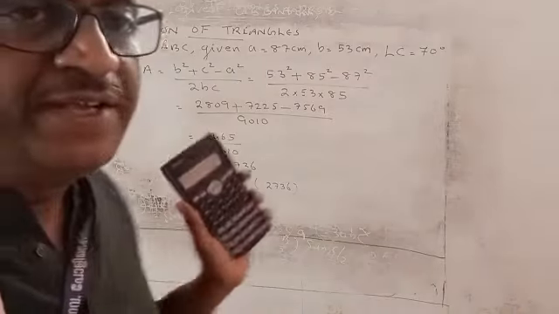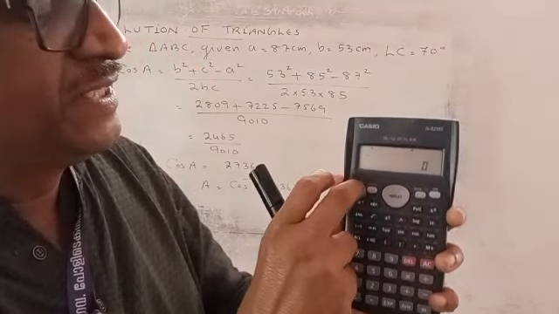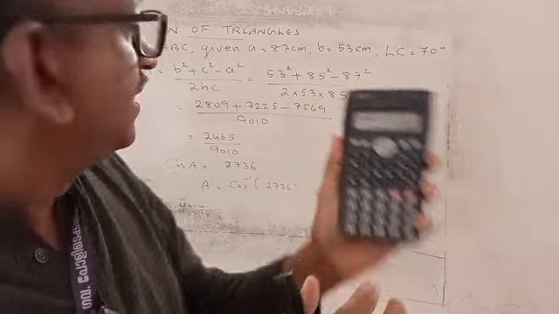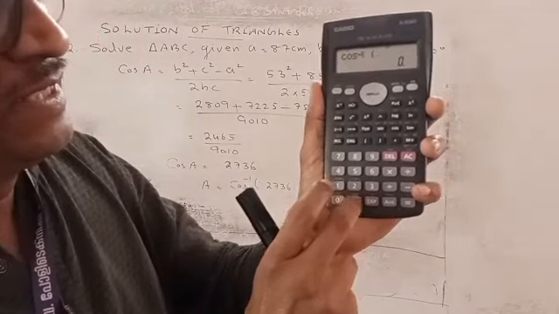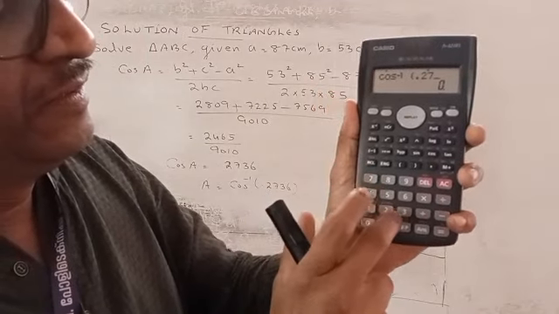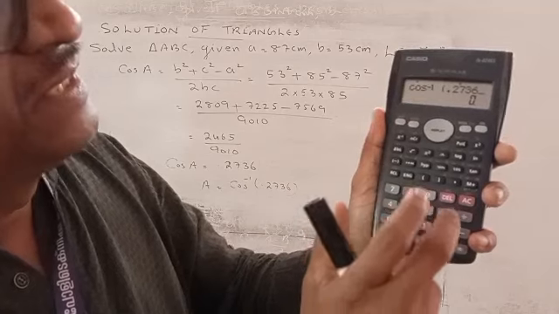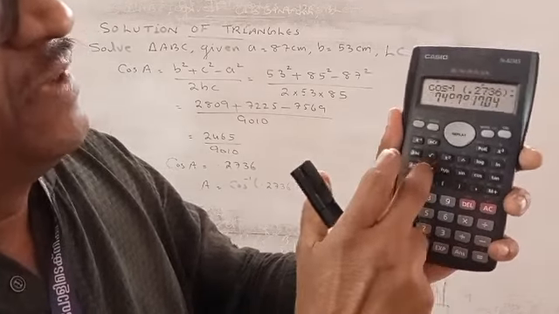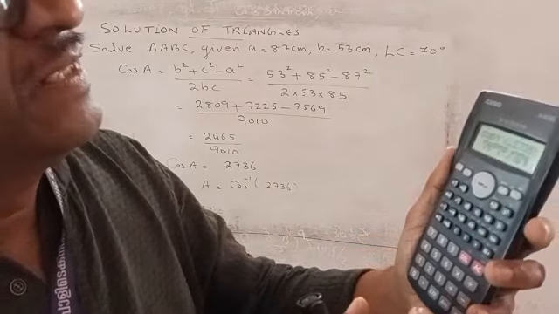We can find A using the calculator. We have to find the cos inverse. Therefore press shift, press cos, press left parenthesis, then 0.2736, then right parenthesis, then is equal to, then press the degree symbol, 74 degrees 7 minutes.